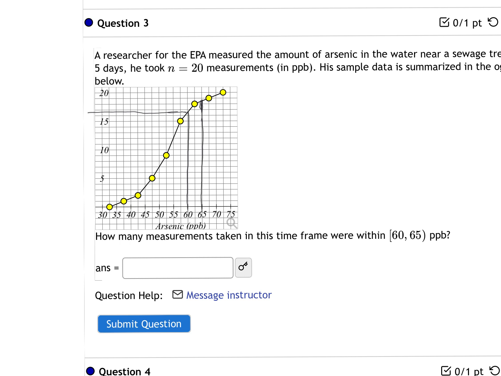We only got 15, 16, 17, 18, 19, 20. Go over this way. So this is 15, 16 and a half, 17, 18, 18 and a half. So in this range, we went from 16 and a half to 18 and a half. That's the jump we made. So we made a jump of 2. Okay? Hopefully that's helpful for you.